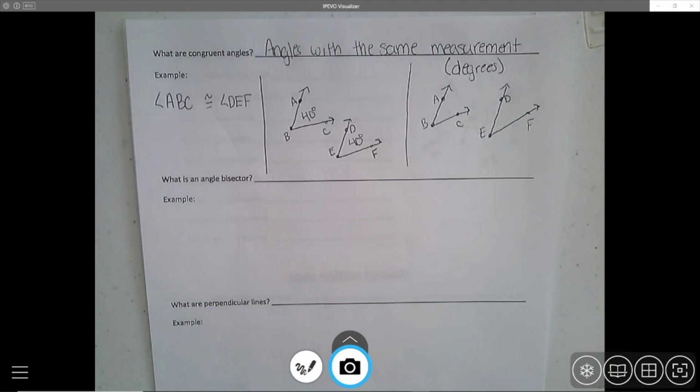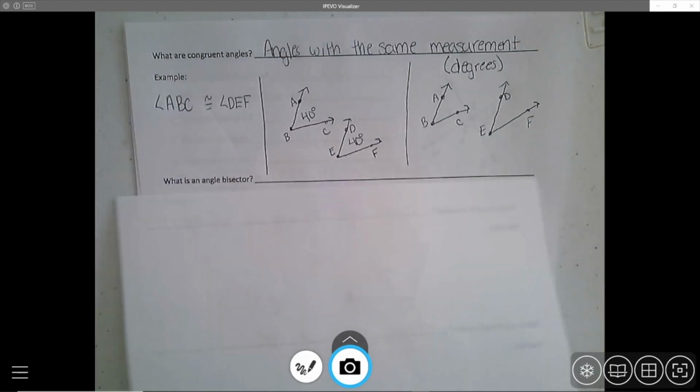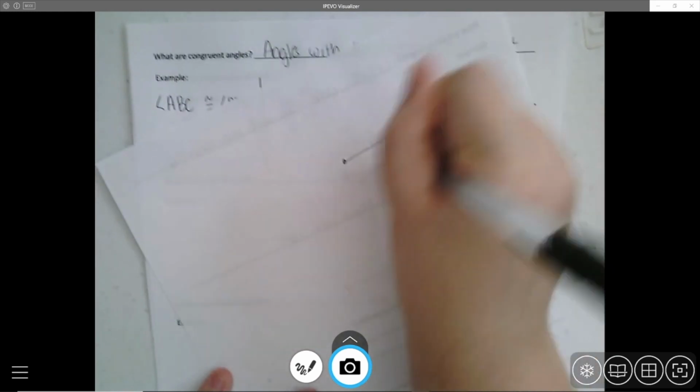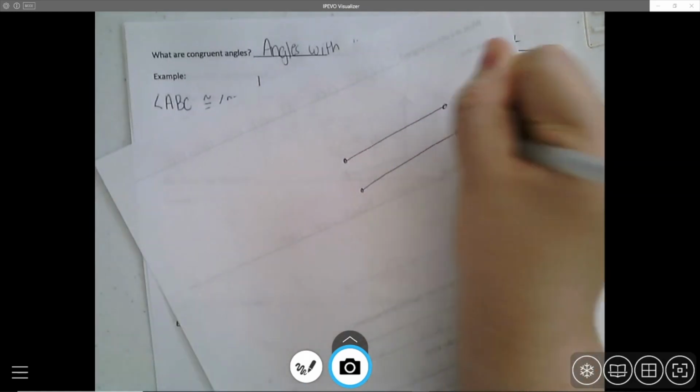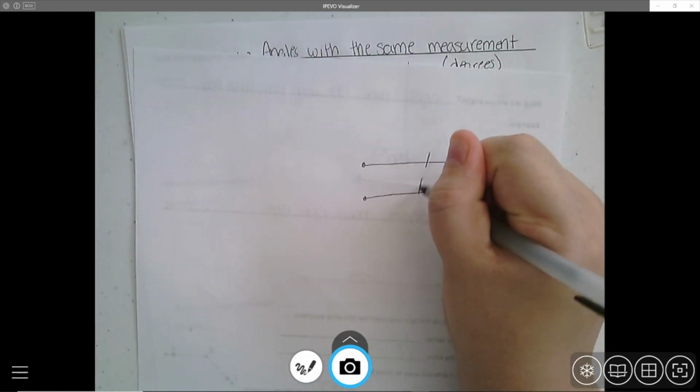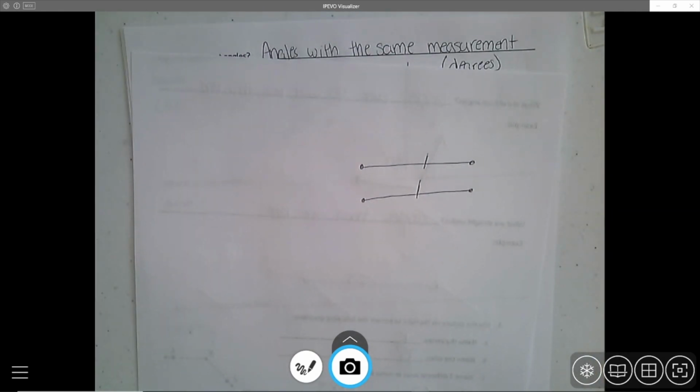So a little side note. When we were talking about segments, we said segments were congruent if they had the same tick marks on it. So since both those have a tick mark of 1, they are the same. They have the same distance, the same measure.